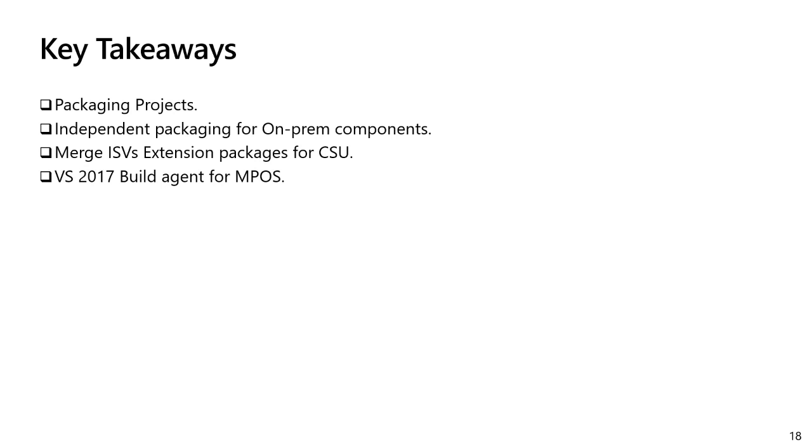All of that, again, handled through package and project references to make it easier. All of the independent packaging components support multiple extension packages, and that's the recommended approach, is to install and update all extension packages separately for the on-prem components.